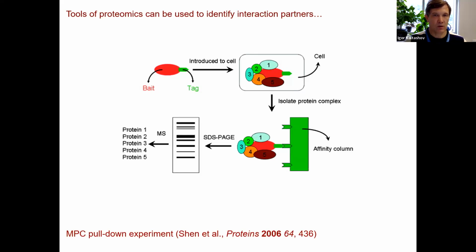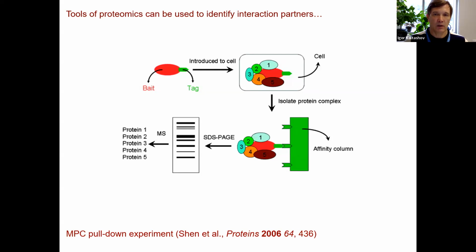And so what you can do, you can use it as a bait. You have to attach some affinity tag to it. So you would put this conjugate into a system. It could be tissue, it could be cell culture. In some experiments, it could be even a living organism.